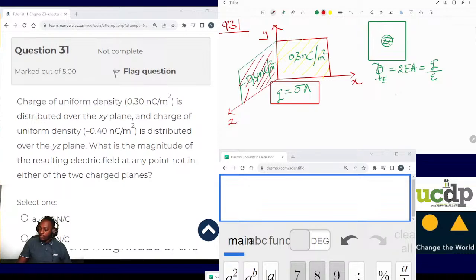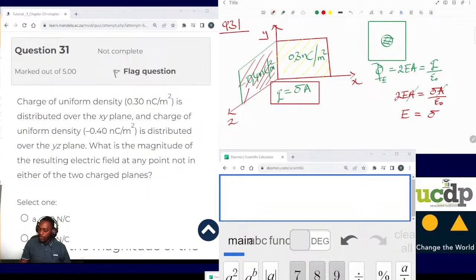So if you reduce this expression, 2EA becomes equal to sigma A over epsilon naught, right? And to find the electric field, the A is cancelled out, right? The A is cancelled out. This goes.